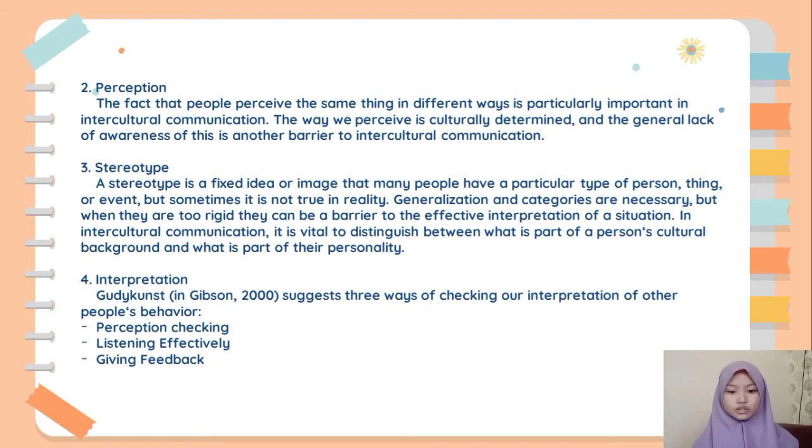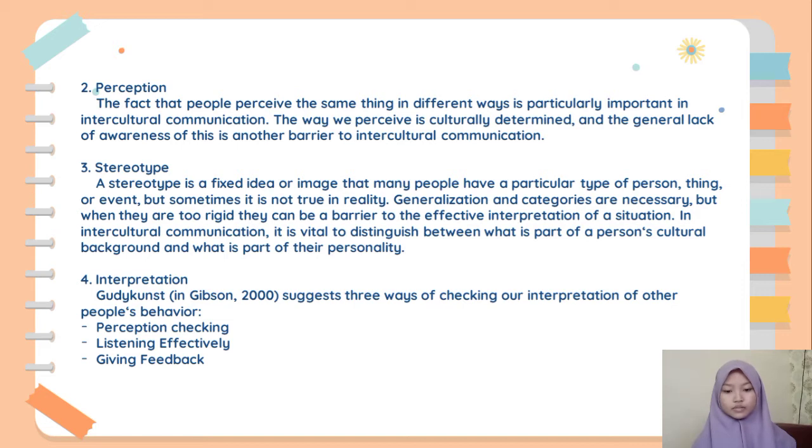A stereotype is a fixed idea or image that many people have of a particular type of person, thing, or event, but sometimes it is not true in reality. Generalizations and categories are necessary, but when they are too rigid, they can be a barrier to the effective interpretation of a situation. In intercultural communication, it is vital to distinguish between what is part of a person's cultural background and what is part of their personality.